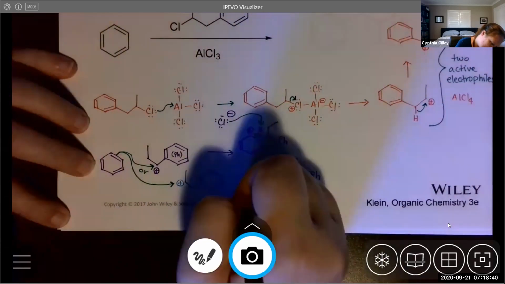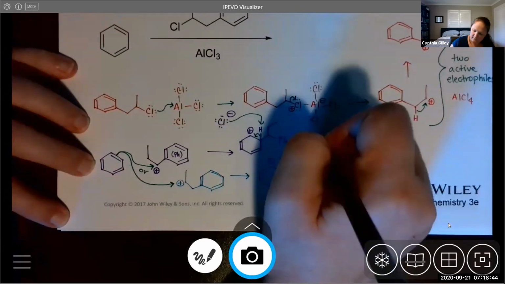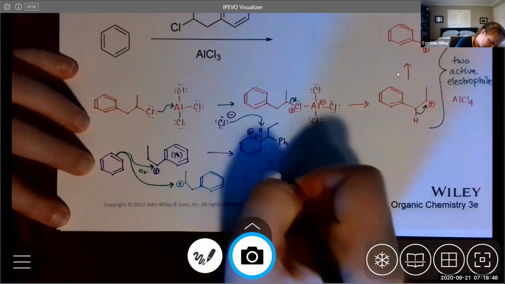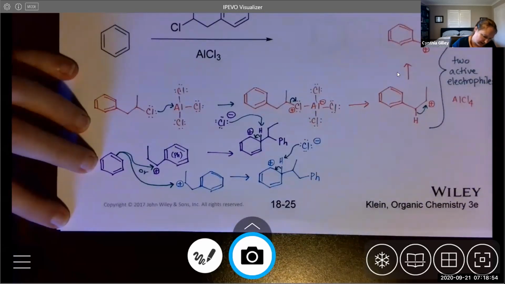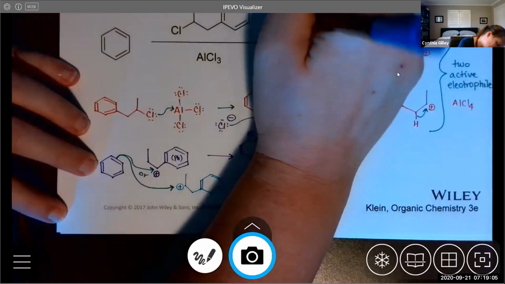We can show the same thing over here. Proton transfer to regenerate the ring. And that's going to lead to our products. This is the last step. We form some HCl and the product. So the products are two different products, right?